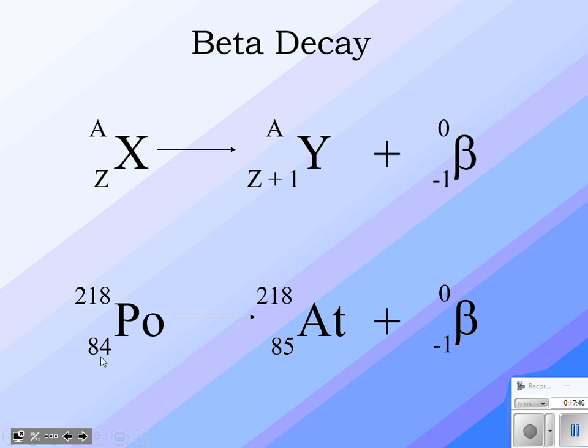Well, if I take Z plus 1, I get 85. That gives me astatine. My A stays the same because all I'm doing is changing a neutron to a proton and getting rid of this high energy electron, this fast moving electron.